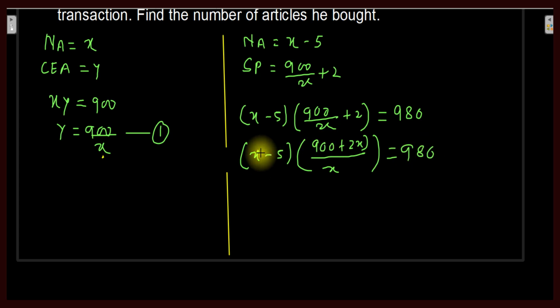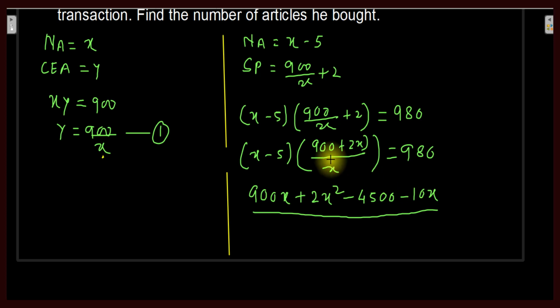Now multiply by X inside the bracket and 5 inside the bracket. So it will be X into 900, that will be 900X. Then X into 2X, that will be 2X square. Now multiply by minus 5. So 9 5s are 45, minus 4500, then 5 2s are 10, so it will be minus 10X upon X, which is equal to 980.